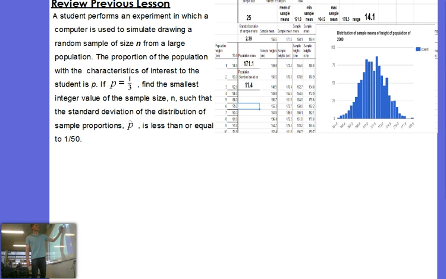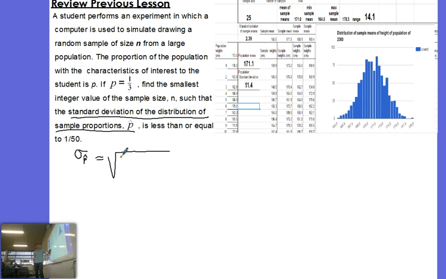Okay. So first off, we need to come up with some rule that's going to relate the standard deviation of the distribution of sample proportions. What's that rule going to be? This is your standard deviation of sample proportions. This is the square root of p(1 minus p) on n.